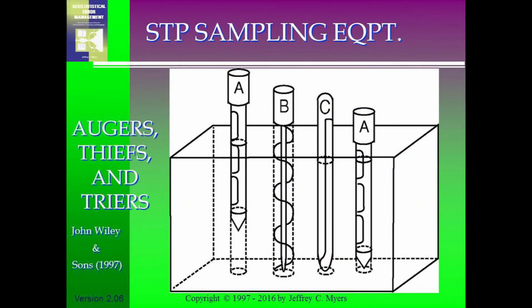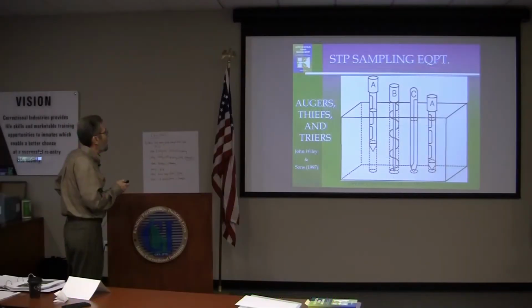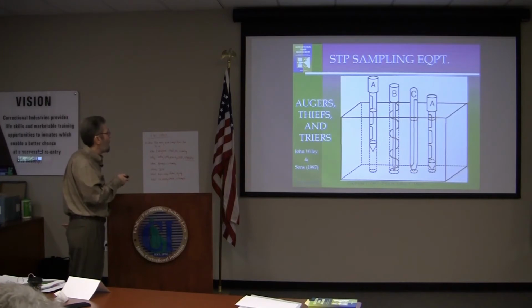Now here are some examples of very common sampling devices, and I'm not necessarily criticizing too badly because we haven't figured out anything better to use, but they all have their problems that we just need to recognize and understand. For instance, augers, thieves, and triers: we've got this device where you put it in, you can lose material out of this, and who knows if that's significant or not.